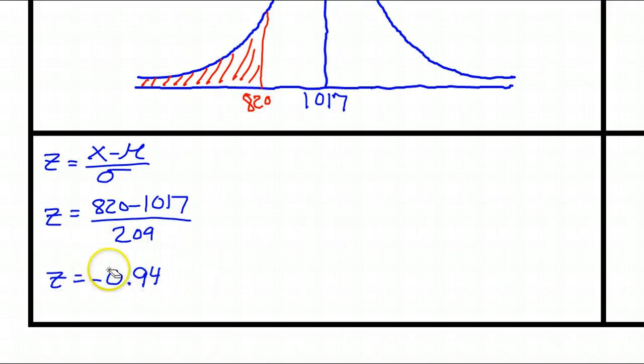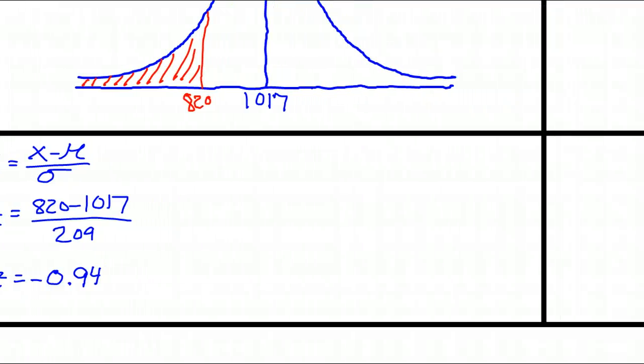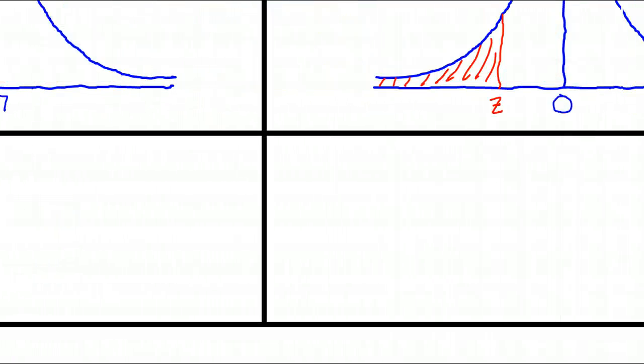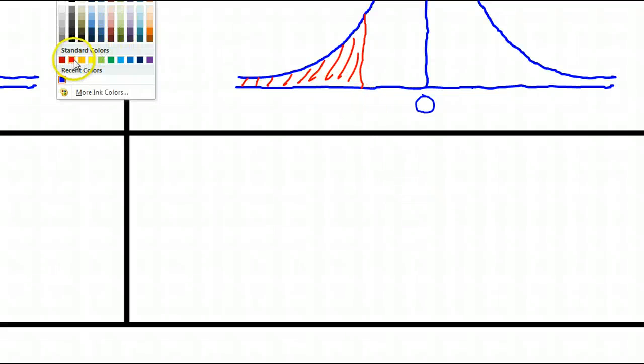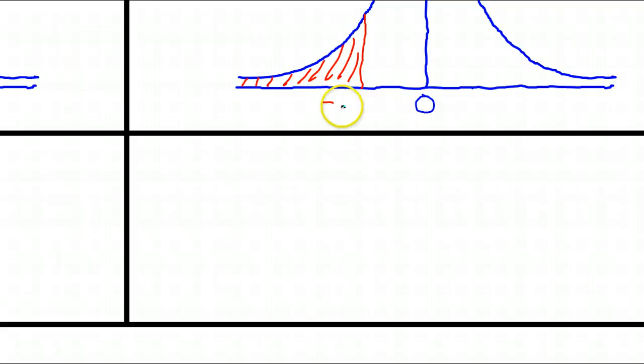So I've just turned 820 into a z-score. That's great. Let's put that negative 0.94 where it belongs. So that's almost 1 standard deviation less than the mean.